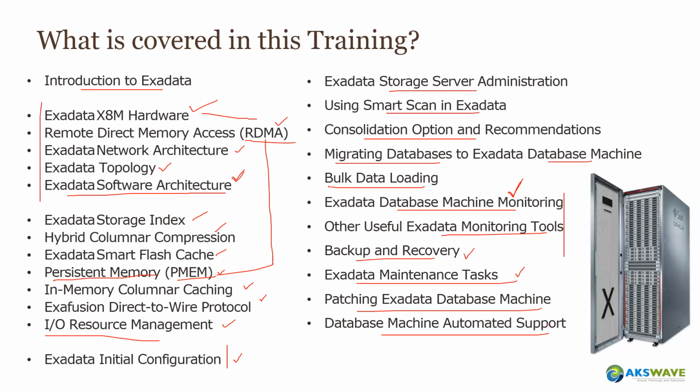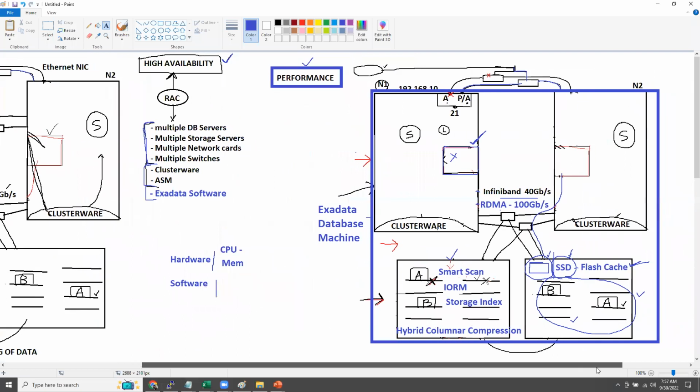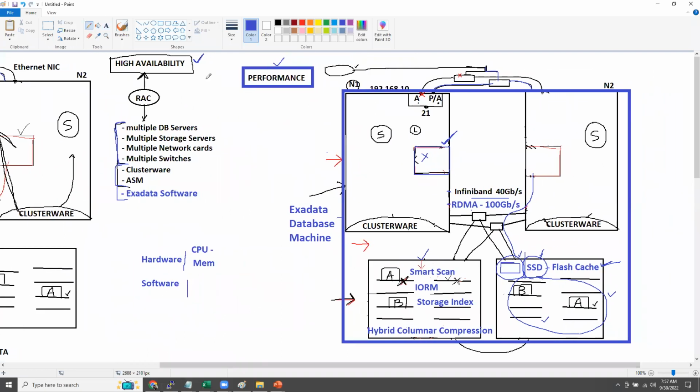And the good thing is that with this training, you will get a hands-on experience in our environment. We'll be providing an environment similar to this, where you will see multiple DB servers. You will get 2 DB servers, and also a minimum of 2 storage servers, minimum 2 required for high availability.